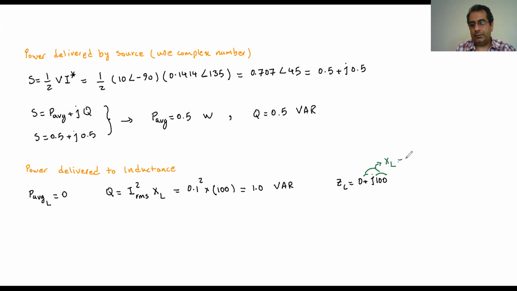So the XL is going to be plus 100, and that's what we use as the XL here. That's 0 because that's the R that we don't have in that ZL. So that's the R and that's the XL. So that's the inductive, the reactive power delivered to the inductance.